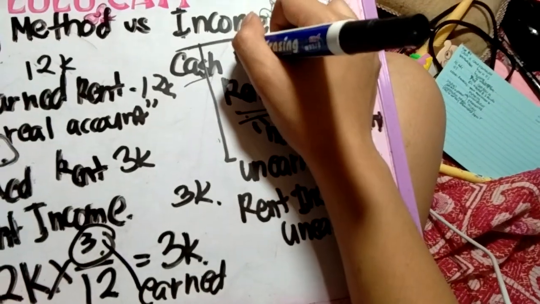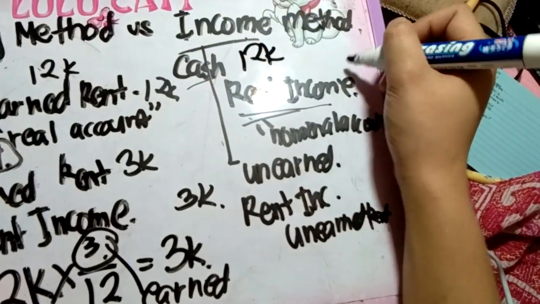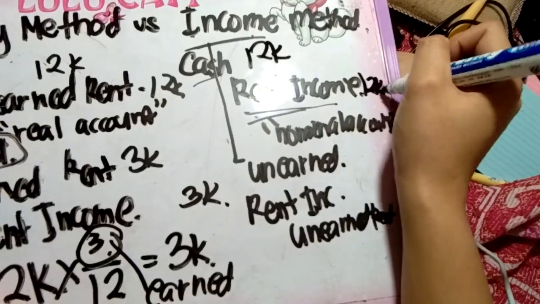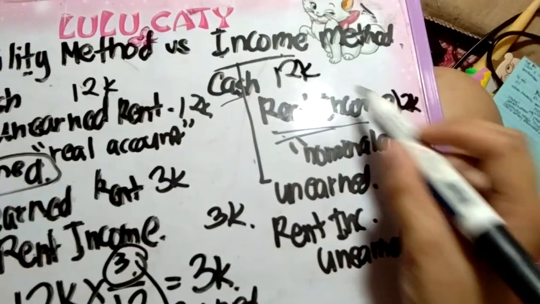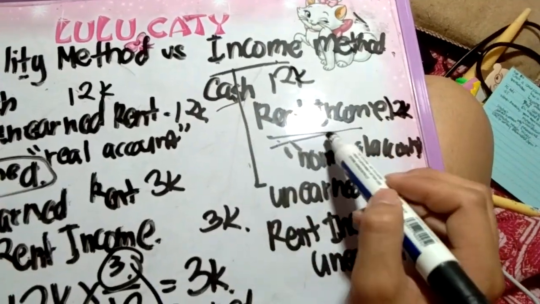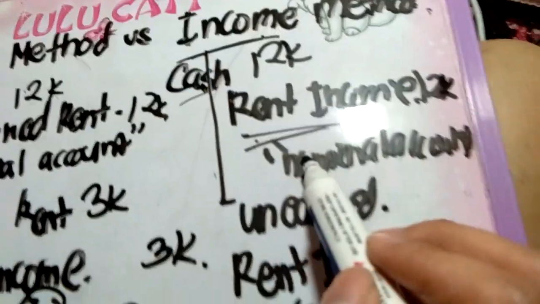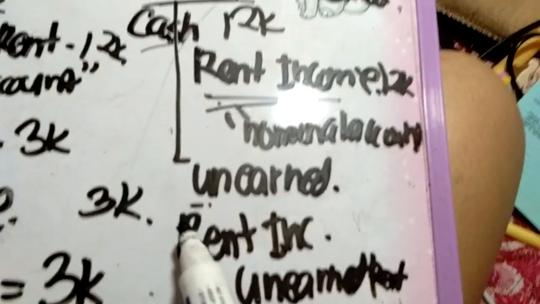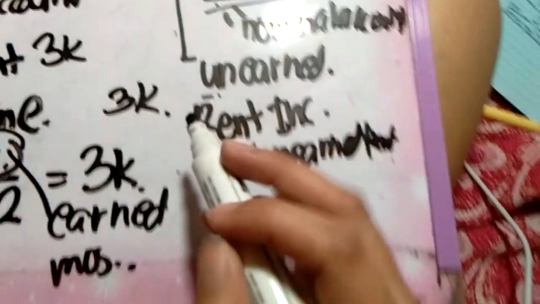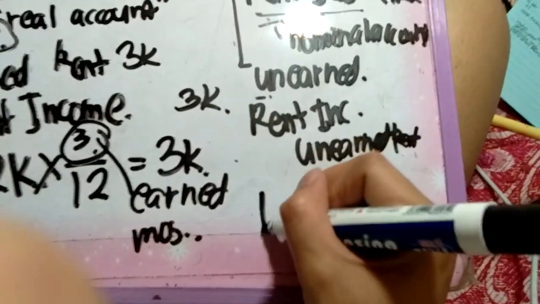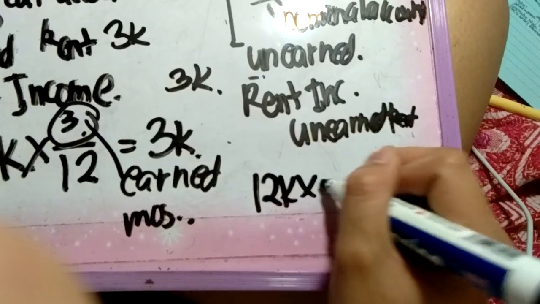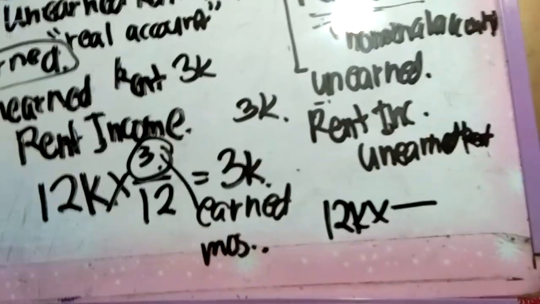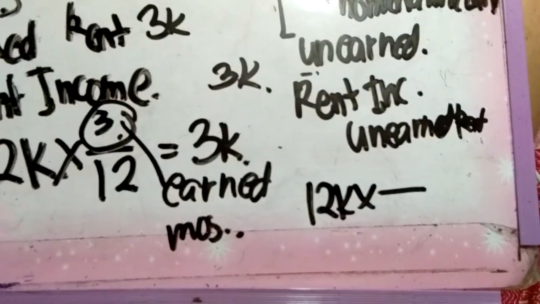So if you're going to see, we have 12,000 on the beginning of the year. We received 12,000 cash for the rent. We used the income method. We credited rent income. So we are going to focus on unearned. So if we're going to focus on unearned, we're going to use 12K times how many months that were unearned.